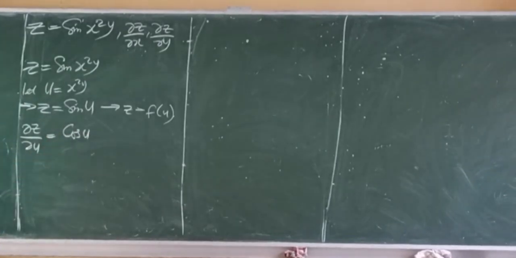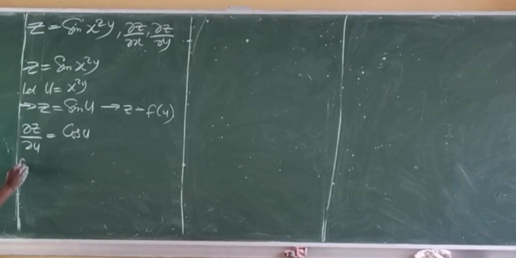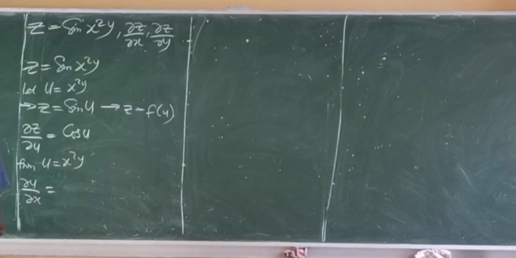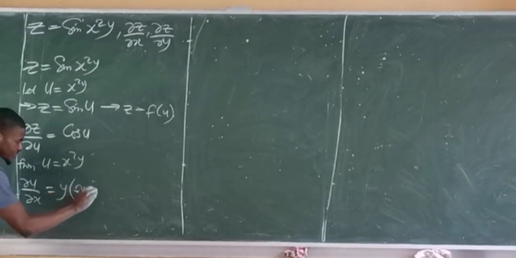Also from u equal to x squared y, partial u, partial x. If I'm differentiating u with respect to x, it means that y is kept as constant since it's a partial derivative. Now take the power of x and multiply by x, I'll have 2 times x.